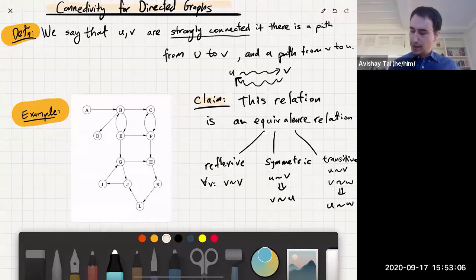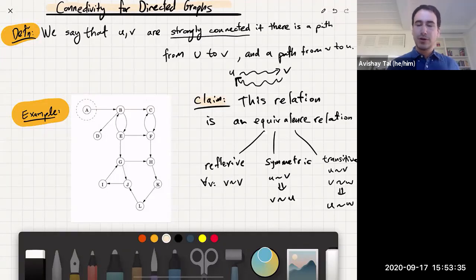So what is connected to A? Let's start with A. Let's try to understand what the strongly connected component of A is. Which vertices are strongly connected to A? None, right? Because A doesn't have any incoming edge. So I cannot reach A unless I'm in A. So the strongly connected component of A is just A. What about B?